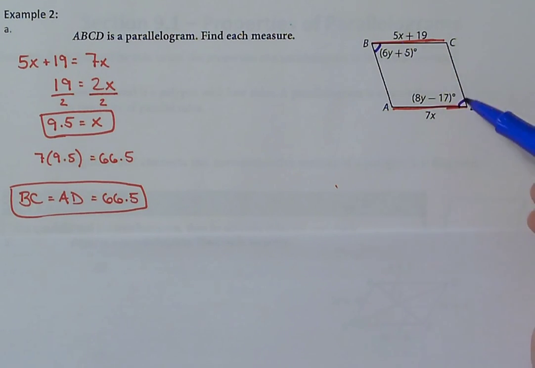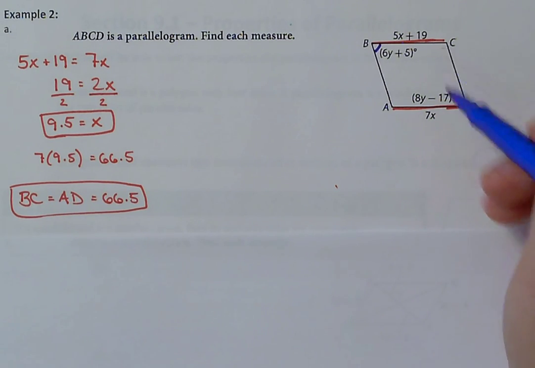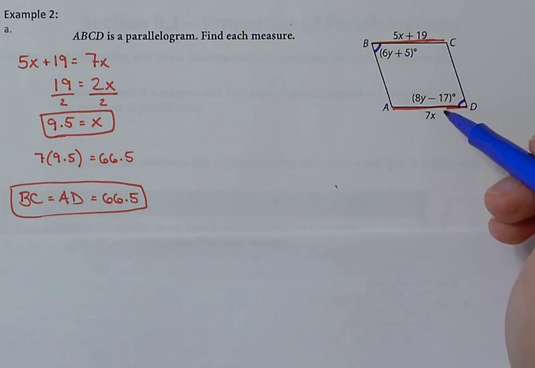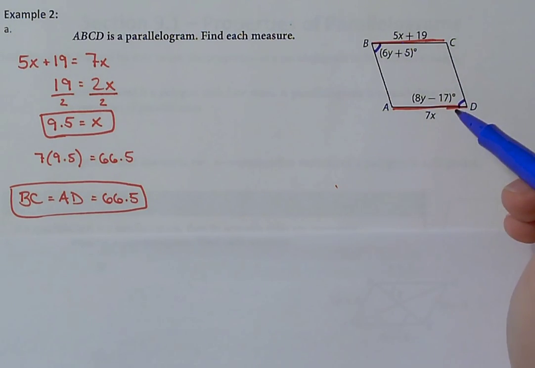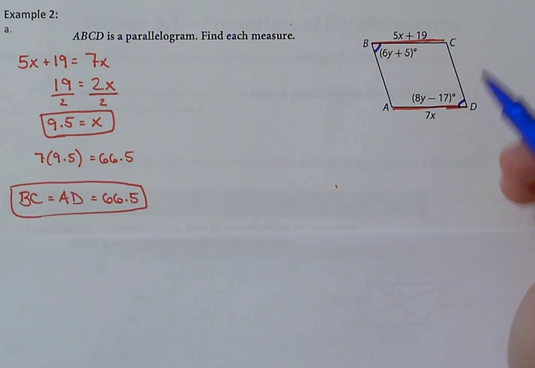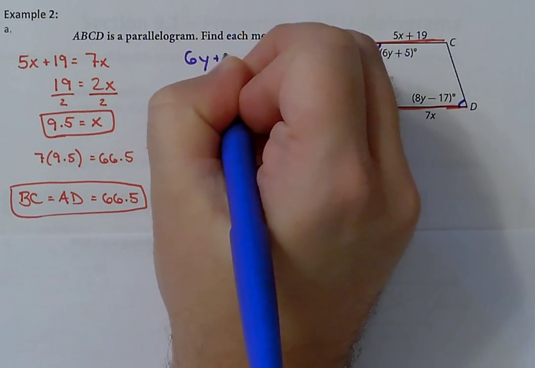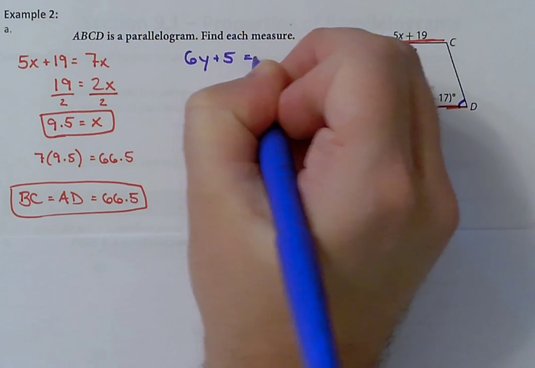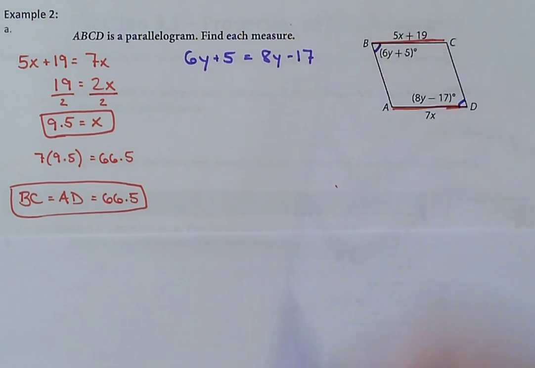Because these two angles are opposite of each other, that means that they are equal to each other. If they were consecutive and next to each other, it means that they would add up to be 180. But because they're opposite of each other, they're equal to one another. So we're going to take the 6y plus 5 and set it equal to the 8y minus 17.